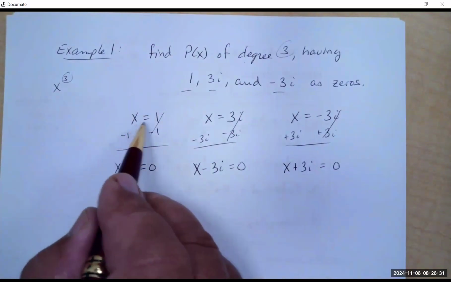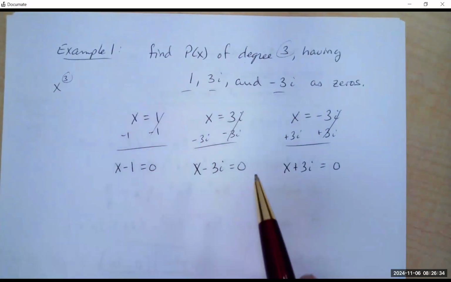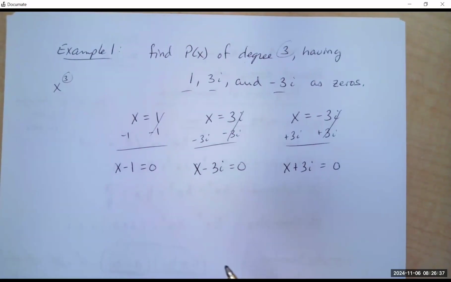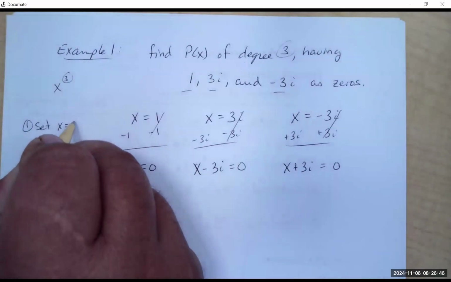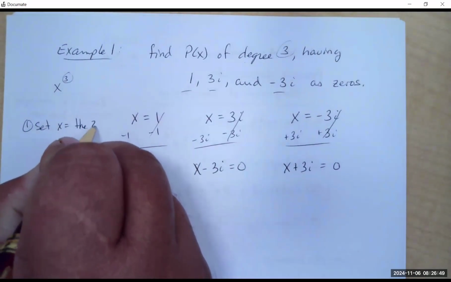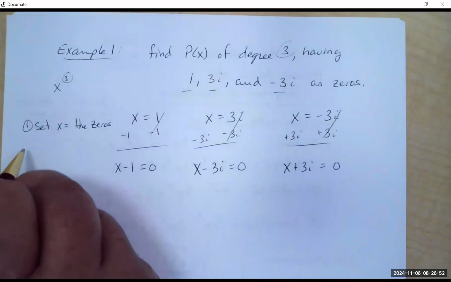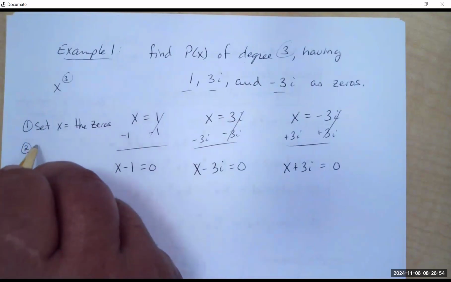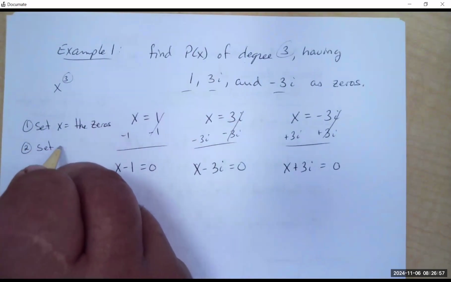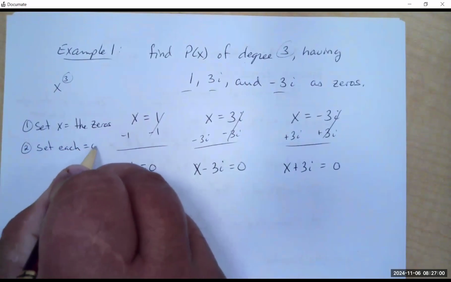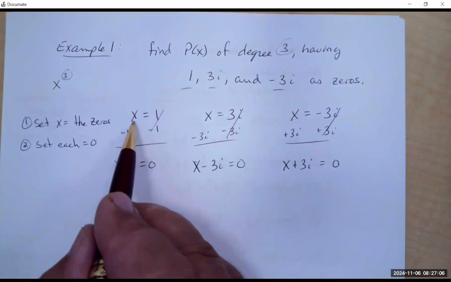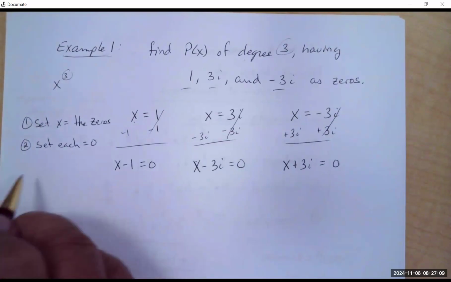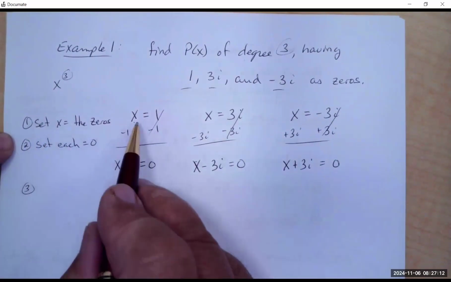So we first set x equal to those zeros, then make them equal 0. Then what? I had the words for a second and then I lost it. The first step, we set x equal to the zeros.